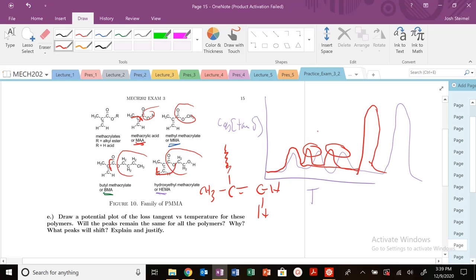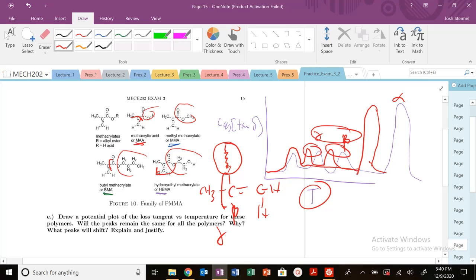So these shifts, let's call this alpha, beta, and then gamma. The beta and gamma peaks could be correlating to, again, some type of motion of this side group around here. So it could be wiggling, it could be full rotation around here. So the full rotation of this huge bulky side group would be beta. Wiggling would be gamma. Why? Because, again, gamma occurs at a lower temperature, thermal energy, than these beta peaks.